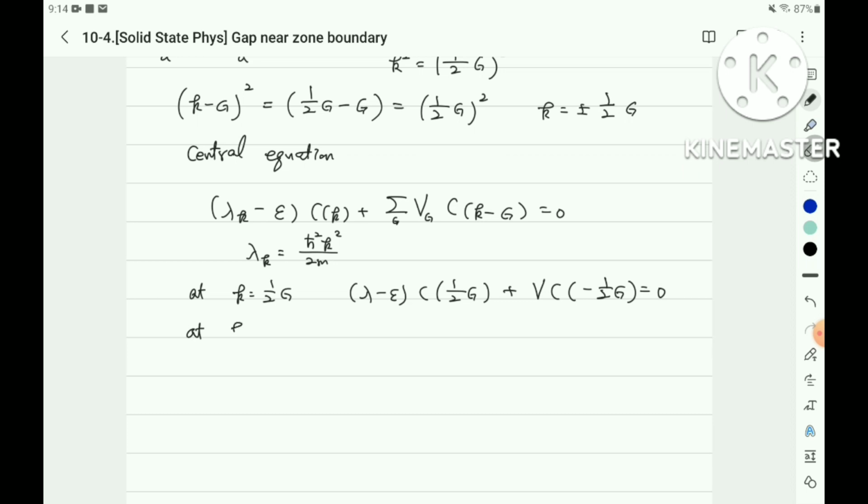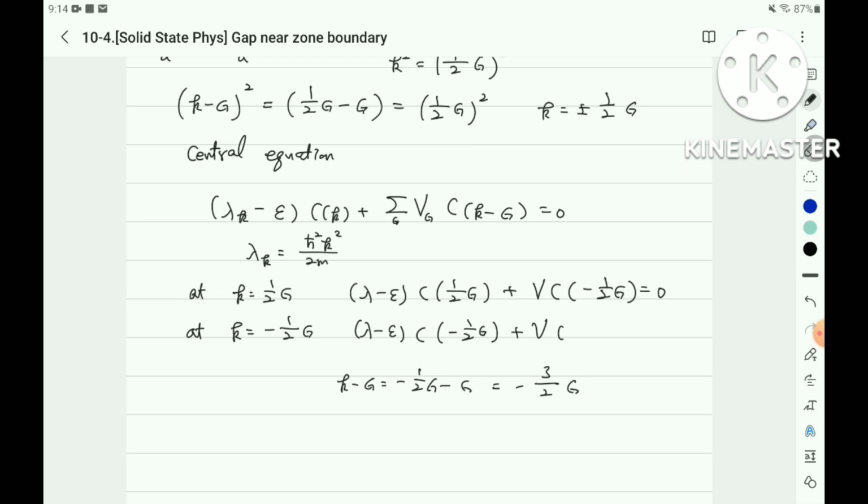In the case of minus 1/2 g, we have lambda minus epsilon times c at minus 1/2 g plus v times c at 1/2 g. Actually, in this case k plus 1/2 g is 3/2 g, but when we translate by a reciprocal lattice vector g, it is minus 1/2 g minus g, which is minus 3/2 g.